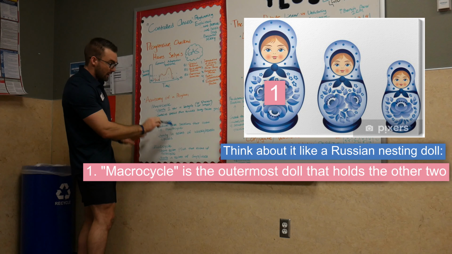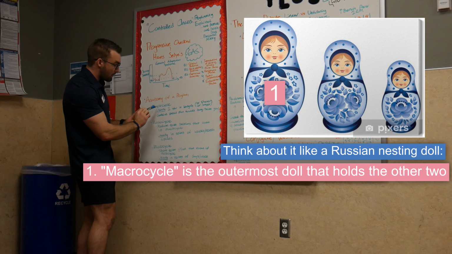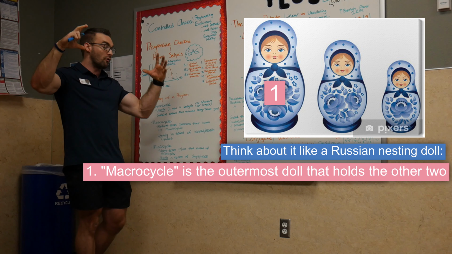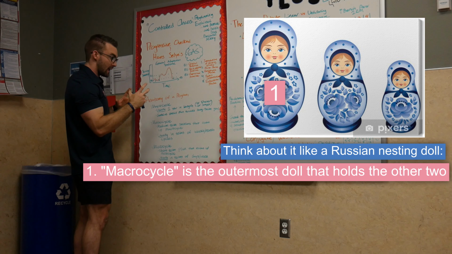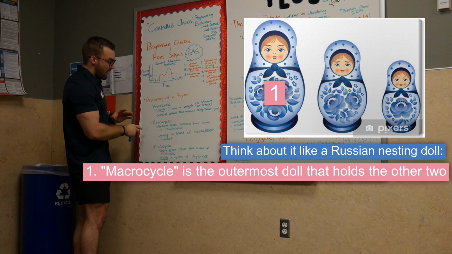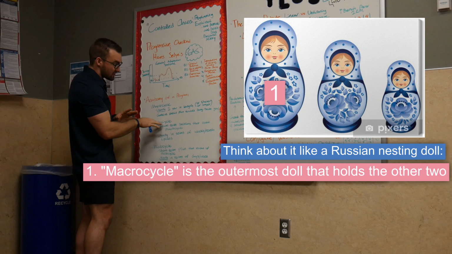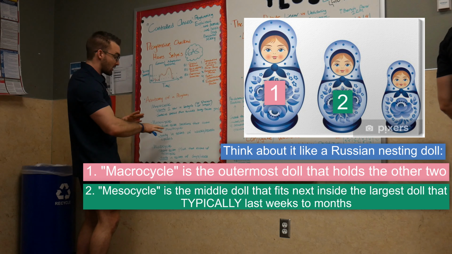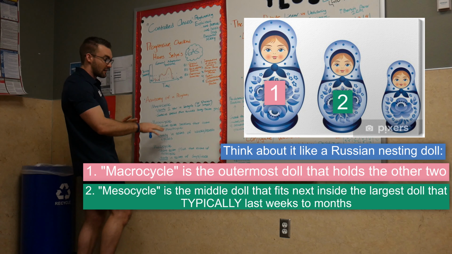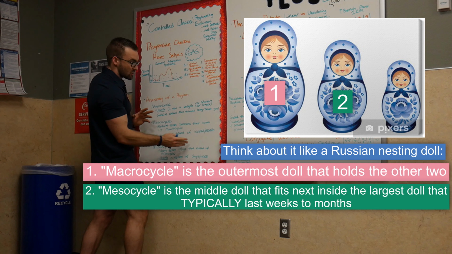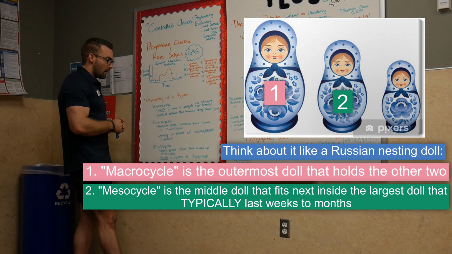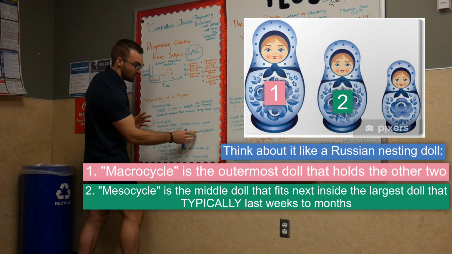I don't want to get too far ahead of myself, but our macro cycle is just a big overarching plan trying to get to a long-term goal, and then we break that up into mesocycles, which are the medium-term sections that make up that macro cycle. We can think of these in terms of weeks or months, month-long cycles, but don't limit it to just weeks or months.